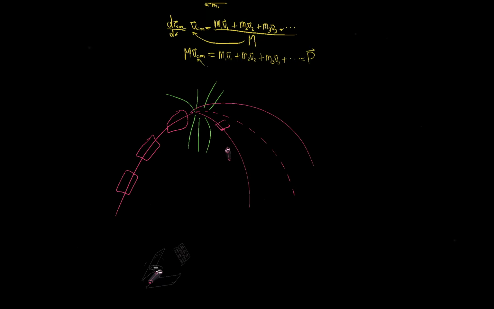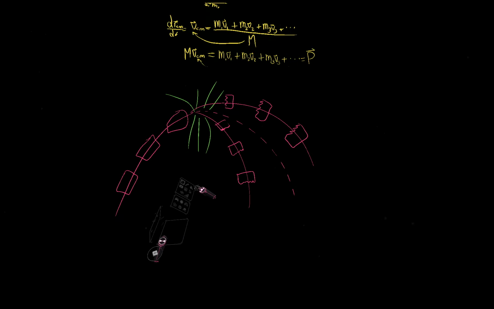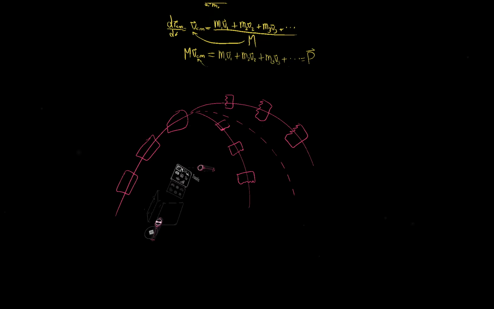Broken firework, broken firework, broken firework, and this one, broken firework, here. So the two pieces follow two different trajectories, and we're just handling if it's split in half, but if it's split in a million pieces, it would seem like a very, very complex problem.